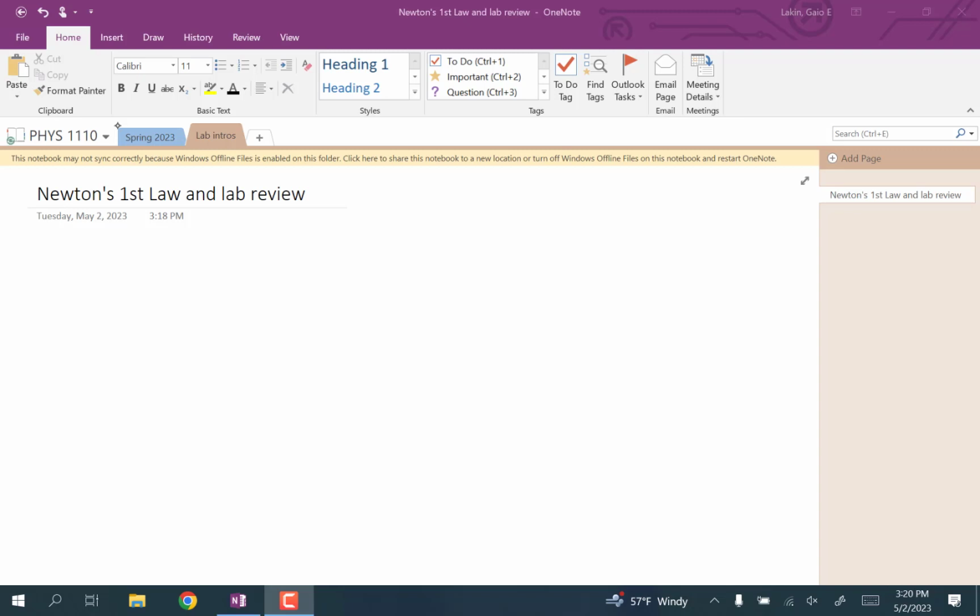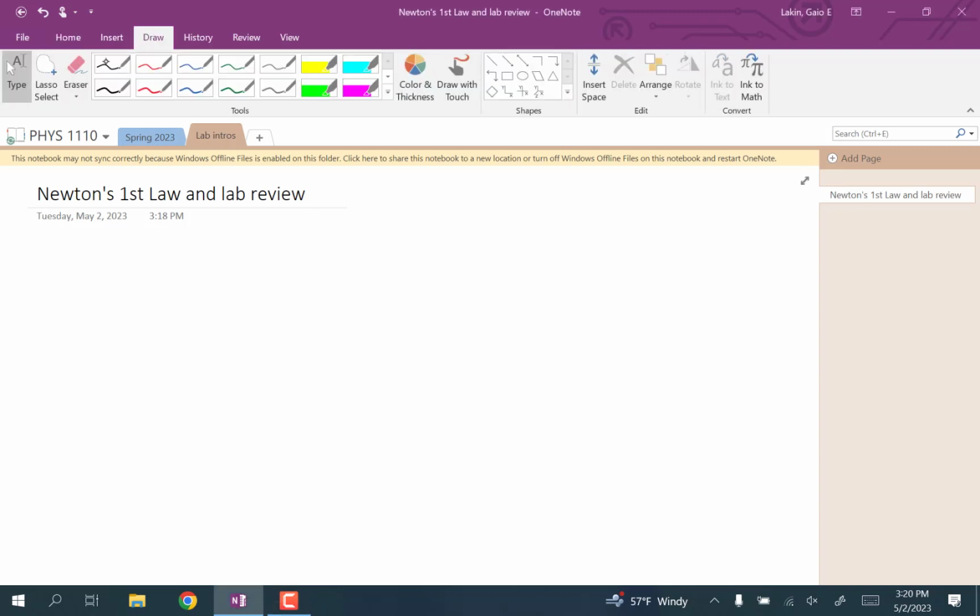Okay, so the first idea is a new way to show whether an object is speeding up or slowing down.